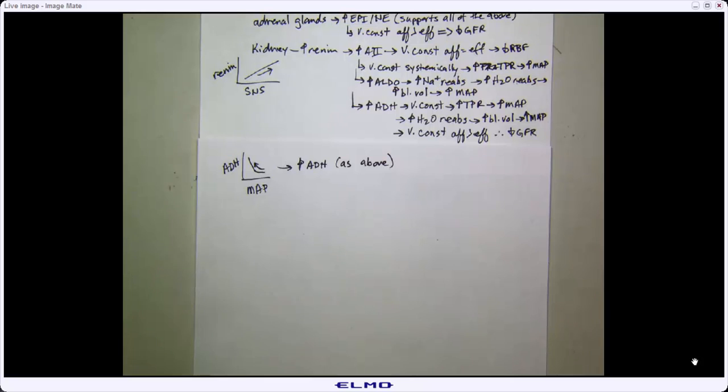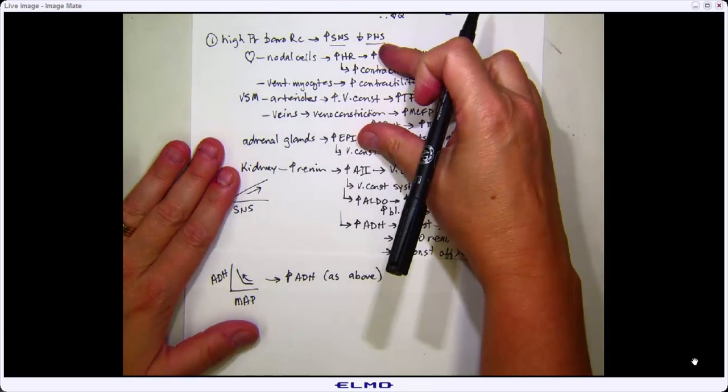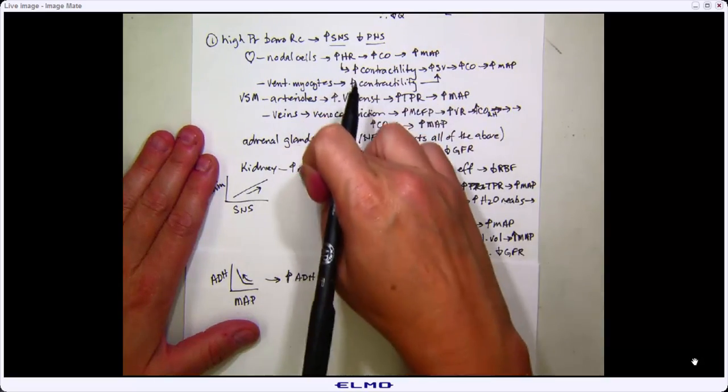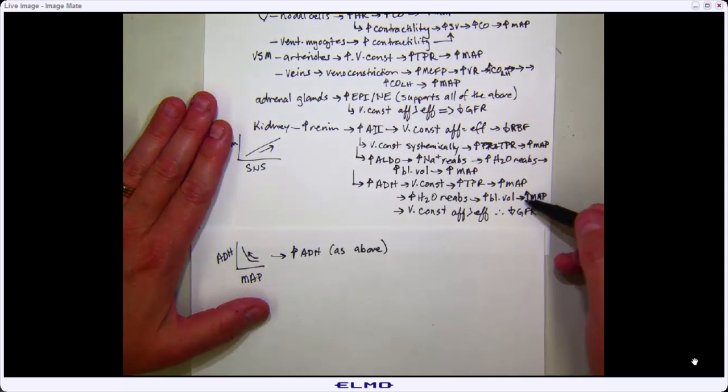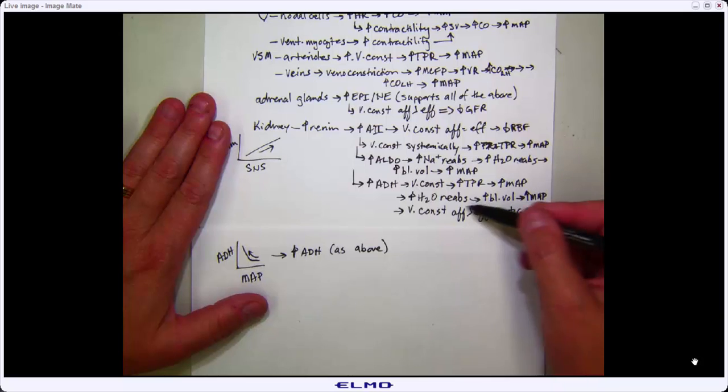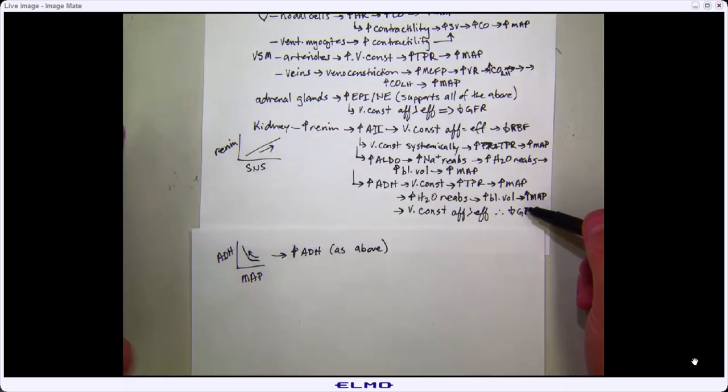So we've gone milliseconds to seconds, right? We've gone seconds to minutes, right, with our hormones, and then some of these hormones working at the level of the kidney, right, in terms of increasing reabsorption and that kind of stuff. That's kind of an hours to days type of thing.